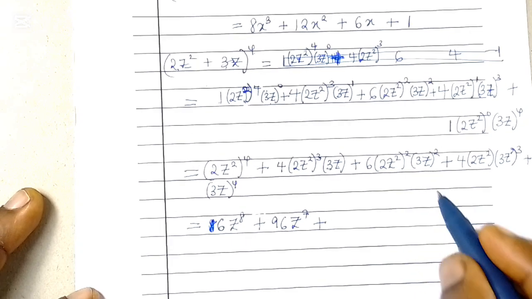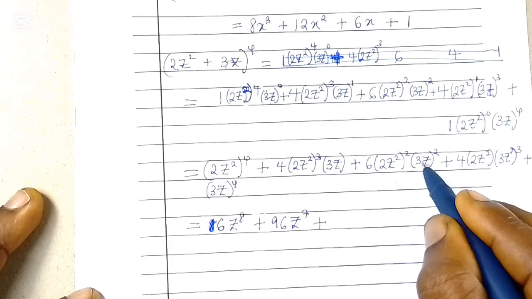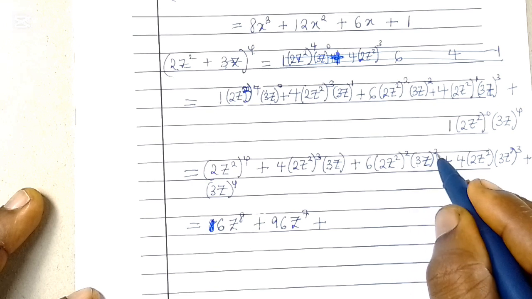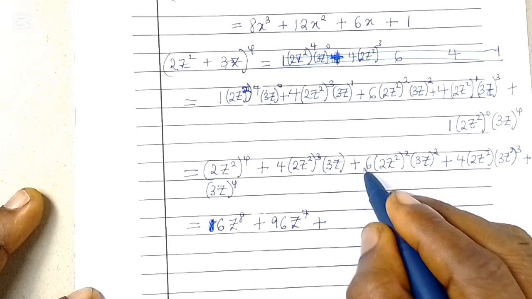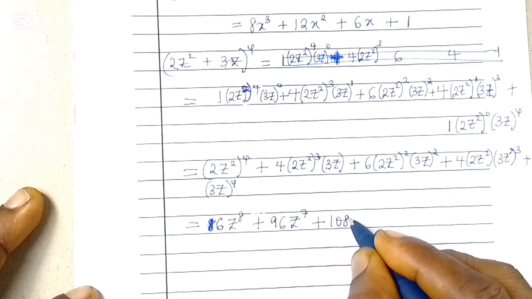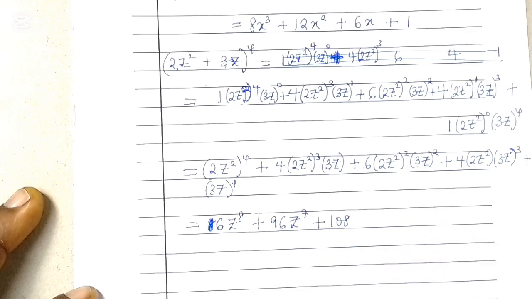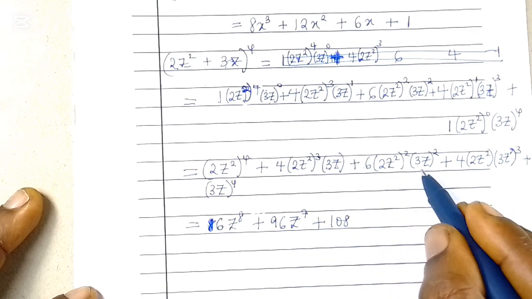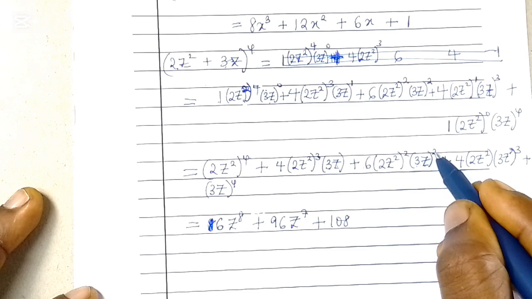Come over here. 3z squared is 3 raised to the power 2, which is 9, and z squared. So 9 times 6 is 54. Oh, we have to multiply by another 2. This should have been 3 times 3 is 9.